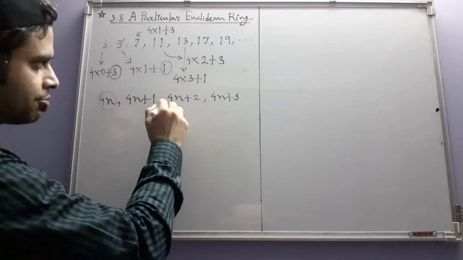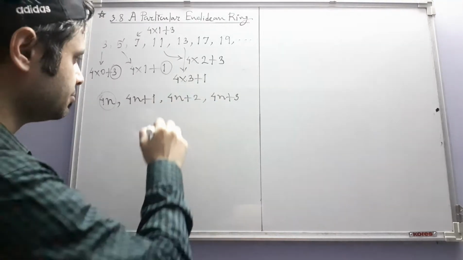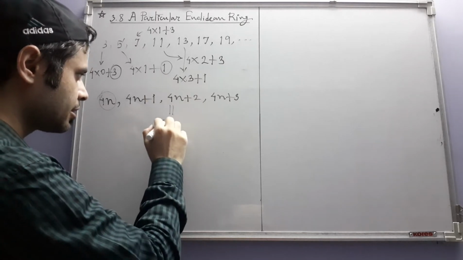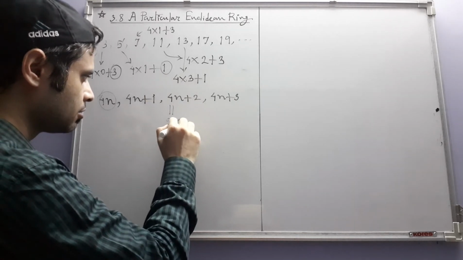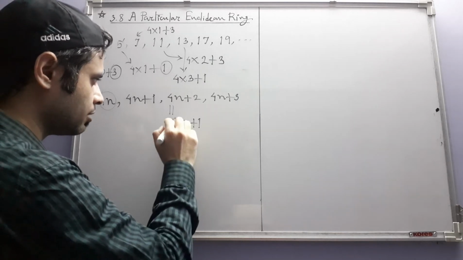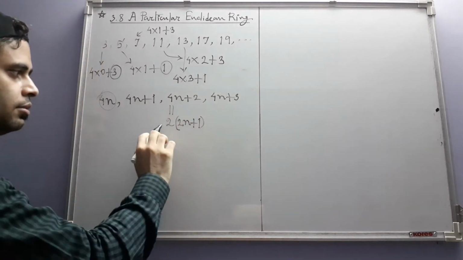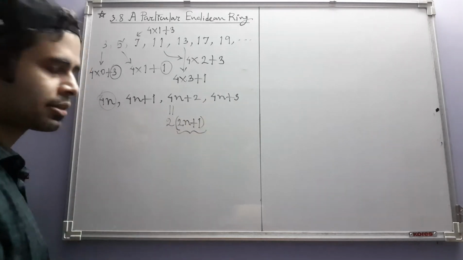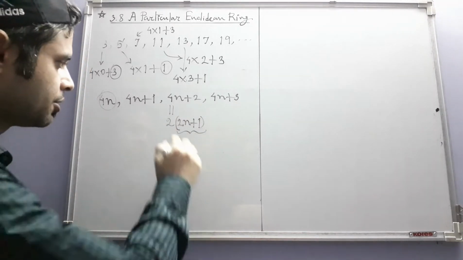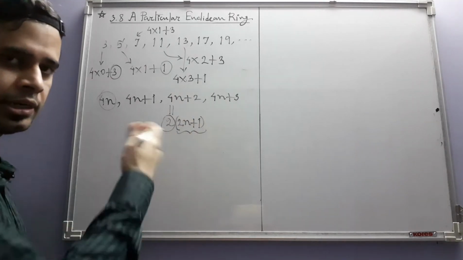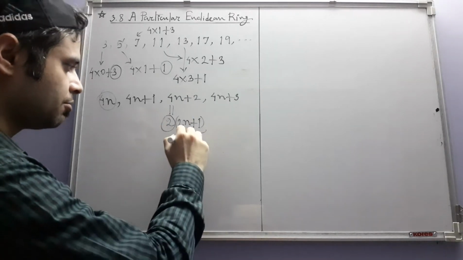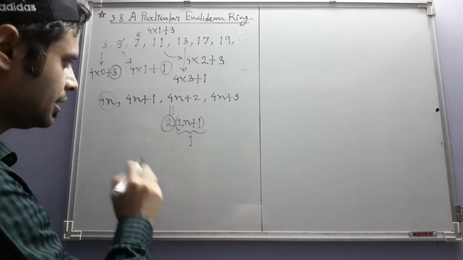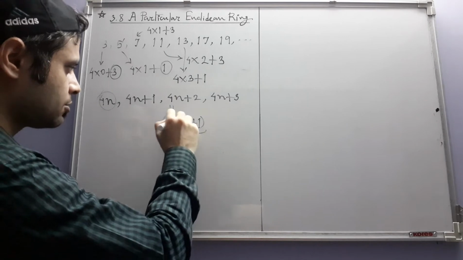If we want 4n plus 2 to be a prime, then keeping in mind that this can be factorized like this, 2 times (2n plus 1), it will be prime if and only if this factor is 1, because this factor is already greater than 1. So this has to be 1, and that is possible in only one case, when n is 0, and when that happens the number becomes 2.